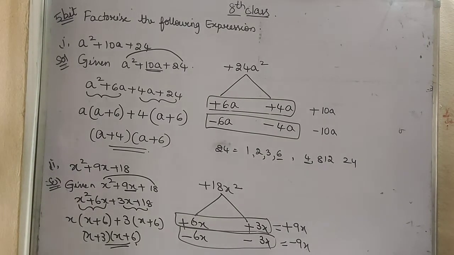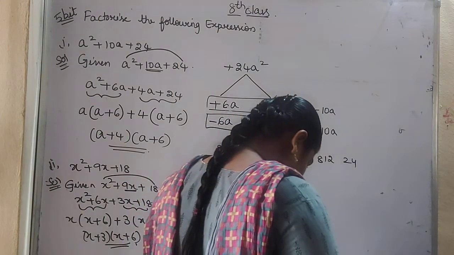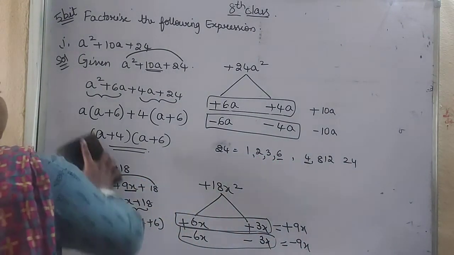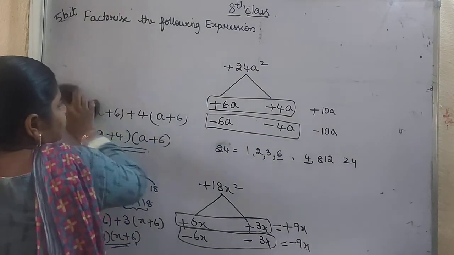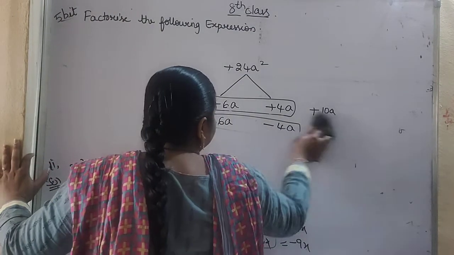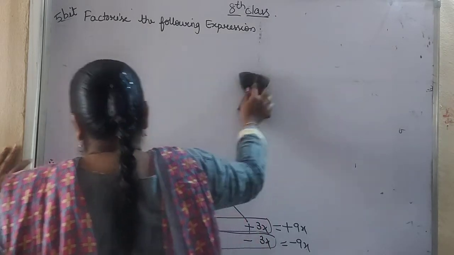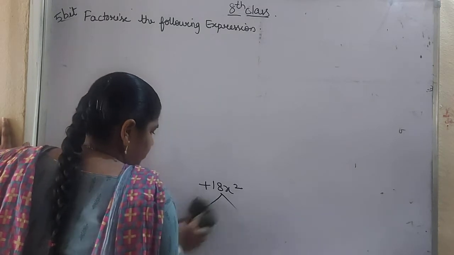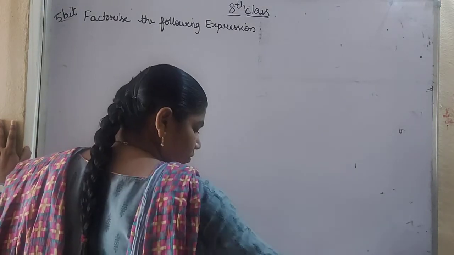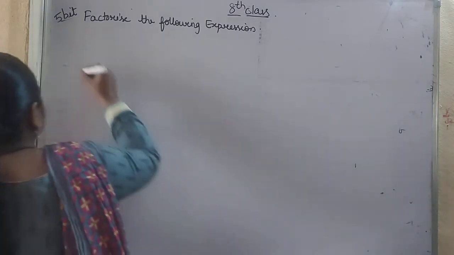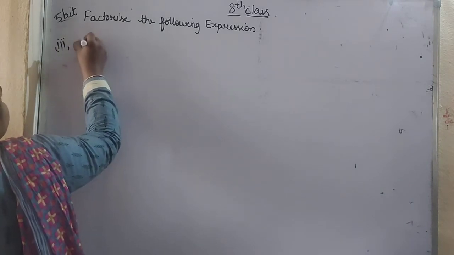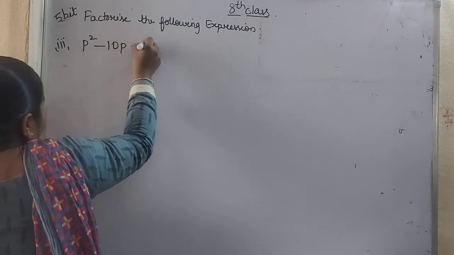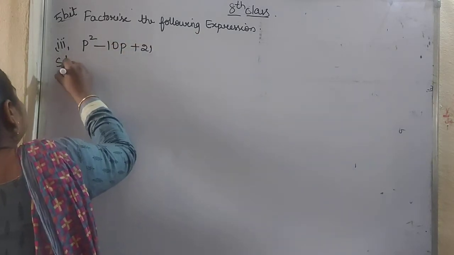Okay, so next, third question. p square minus 10p plus 21.